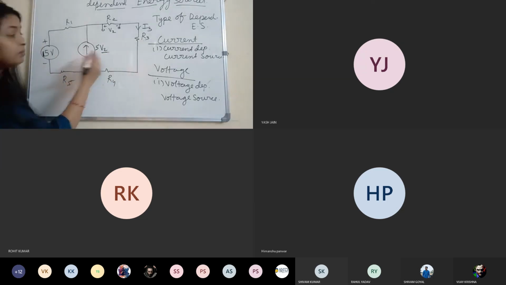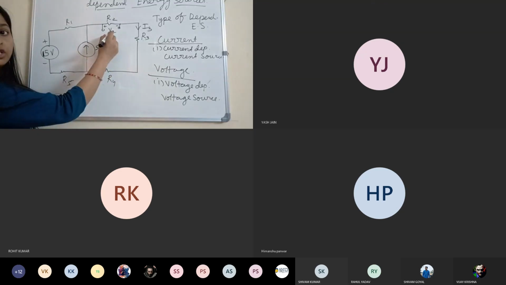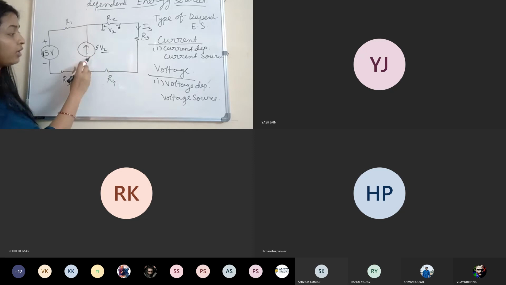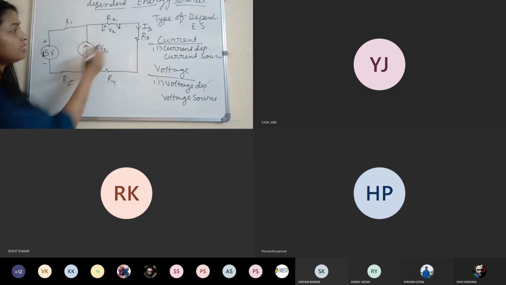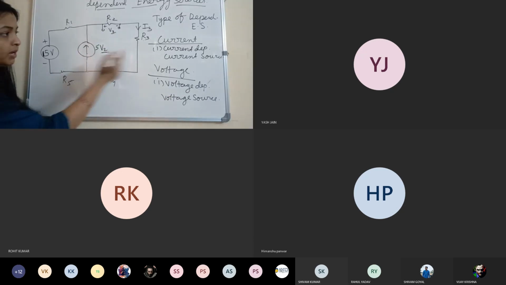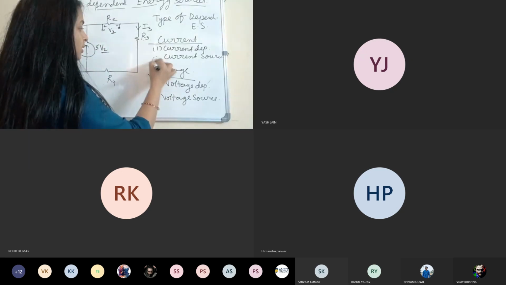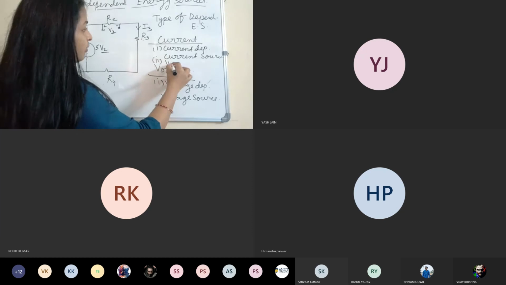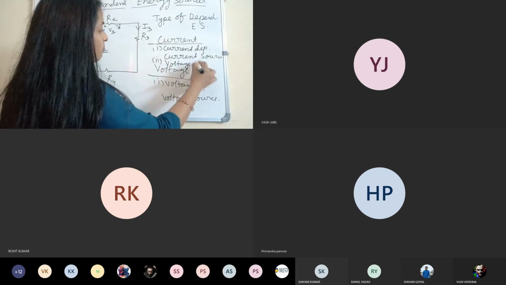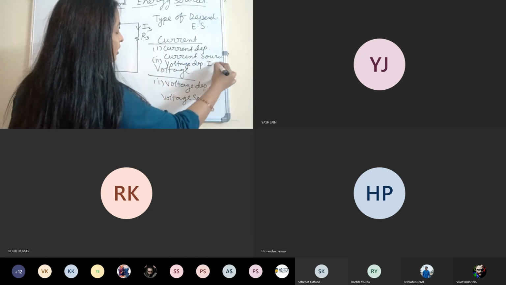The source is current but depending on voltage. So if you are not aware of V2, you cannot calculate the current being generated. It depends on voltage and it is a type of current, so I can write it in the current category: voltage dependent current source.